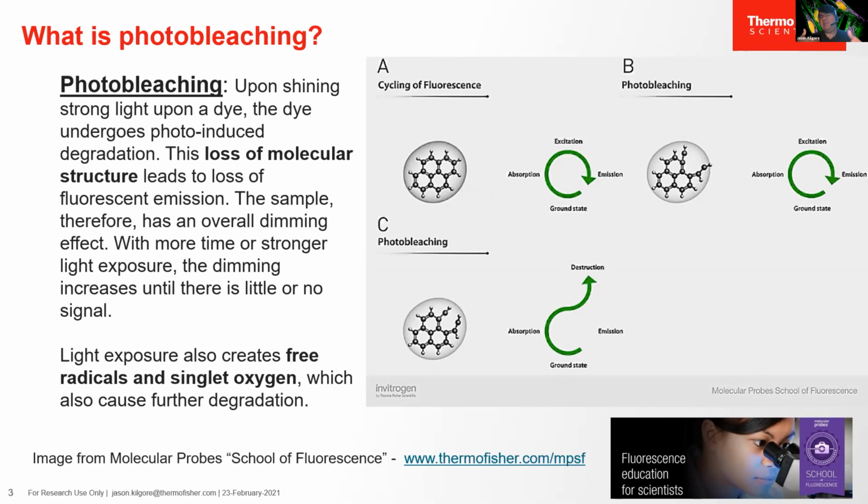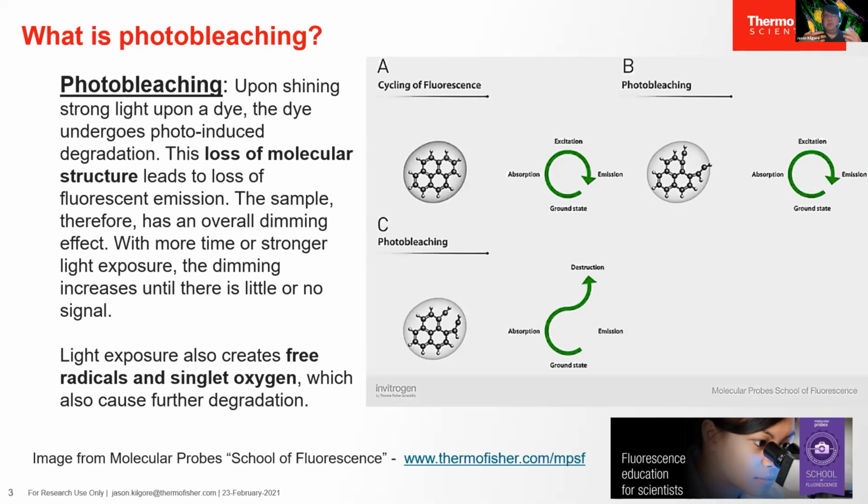And in this presentation, I'm not going to go into the theoretical aspects, first order, second order photobleaching, or the mathematics. It's all going to be empirical here. And then in addition to the actual molecular structural loss of the dye, light exposure can also create free radicals and singlet oxygen, which can further degrade dyes by moving through the media that your sample is in.